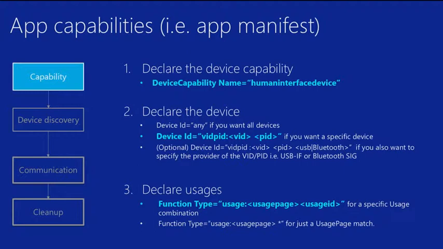As you probably know, a single HID device or a single piece of plastic can have multiple top-level collections, and so an app needs to know which top-level collections it needs to have access to. And this is what the function type actually describes.